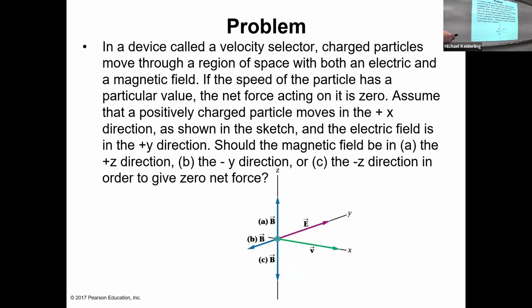Assume that a positively charged particle moves in the plus x direction, as shown here, and the electric field is in the plus y direction. So the electric force will be in the plus y direction. Should the magnetic field be in the plus z direction, the minus y direction, or the minus z direction in order to get a 0 net force?